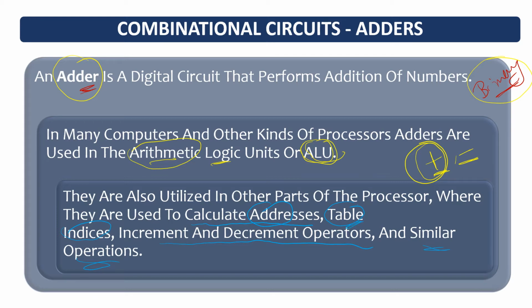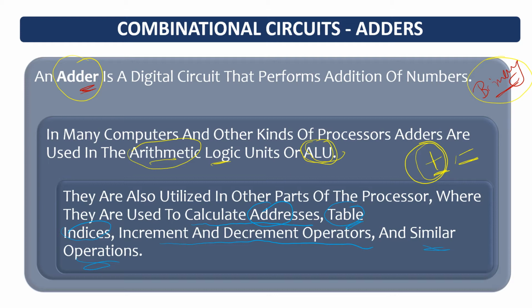Table indices we will cover in the memory section. It will be more clear to understand what the table indices are and how the adder performs the addition operation on the table indices. And next is the increment and decrement operation. Simple, because we have multiple instructions to perform, of course we need to calculate how many instructions are there.